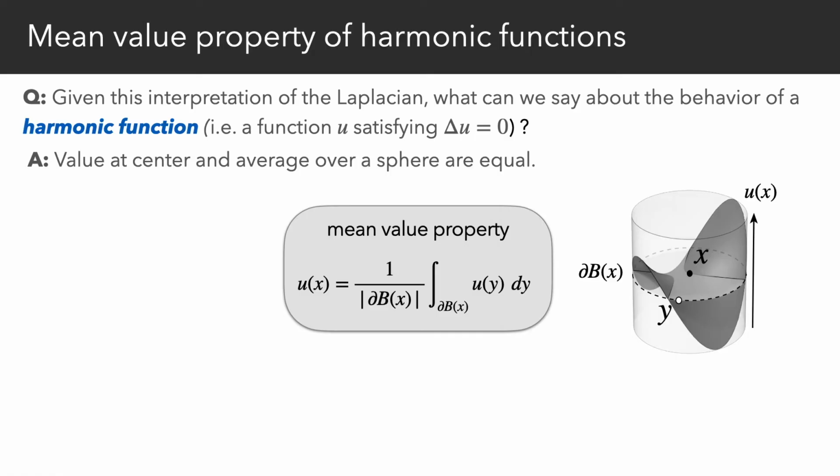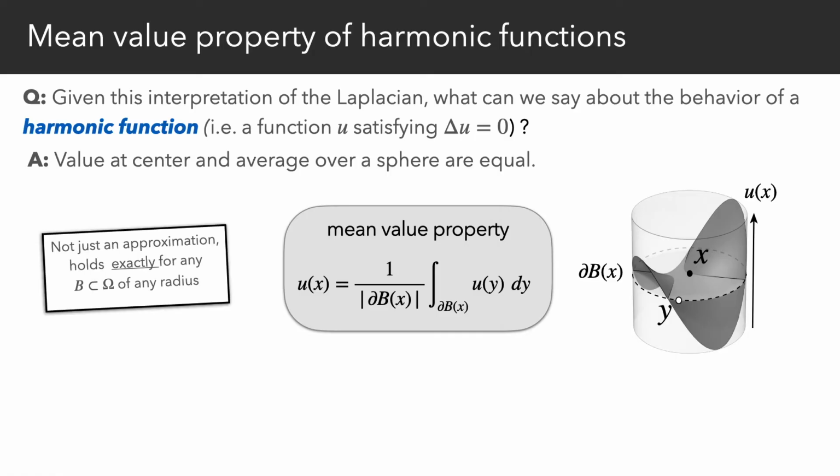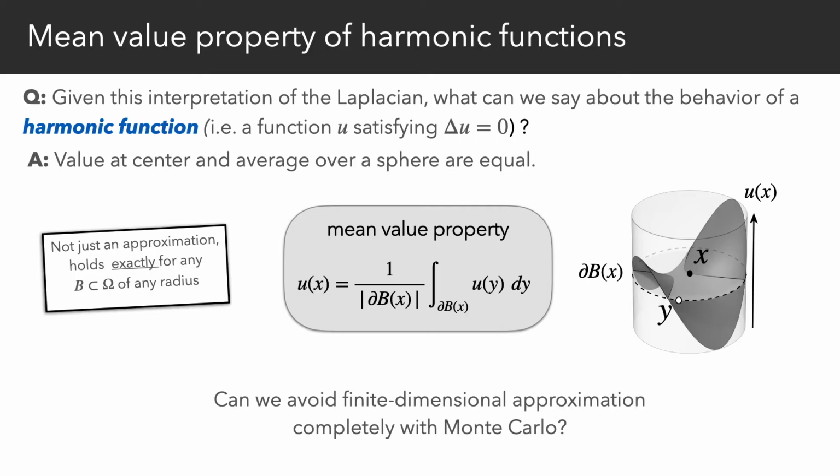And this integral holds for any sphere around x that's contained inside of a domain, since the Laplacian will be 0 everywhere inside of these spheres. We therefore have an integral representation of the solution to a Laplace PDE. So the next step is to ask whether we can evaluate this integral with a Monte Carlo estimator.